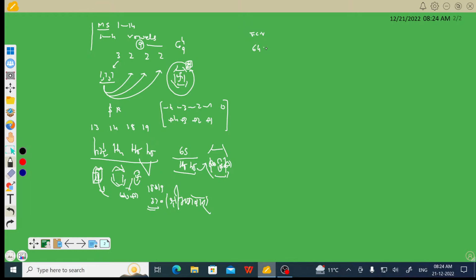We know that 4 square, 4 cross 4, when manifested as 1, 2, 3, 4, 2, 3, 4, 5, 3, 4, 5, 6, and 4, 5, 6, 7, then these sum up to the value 64.